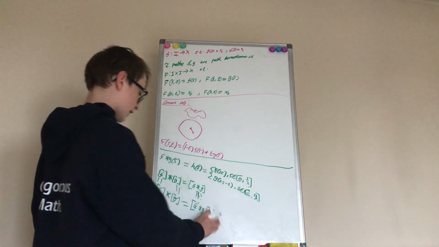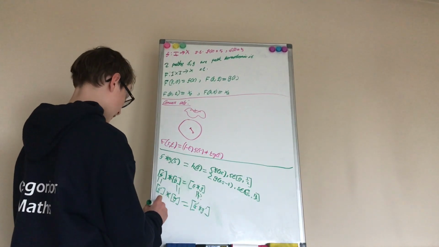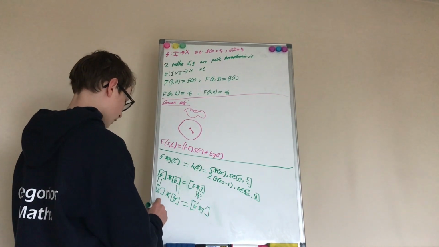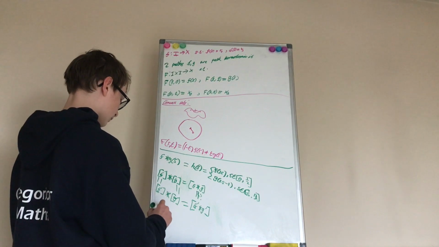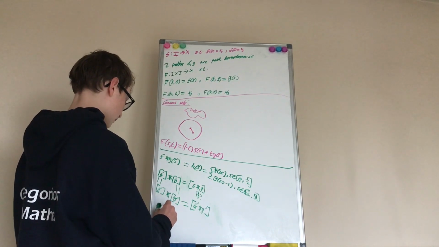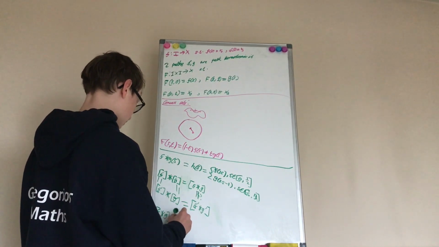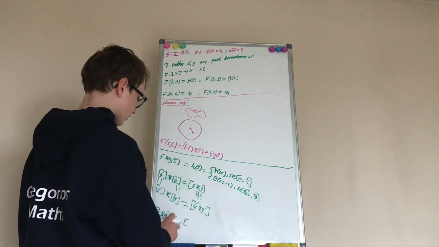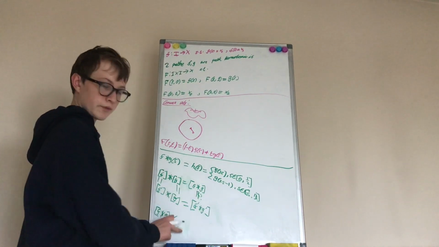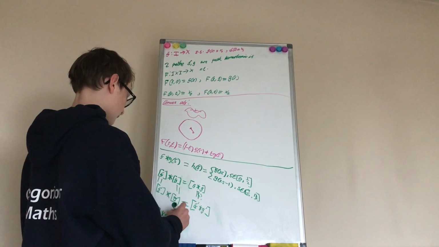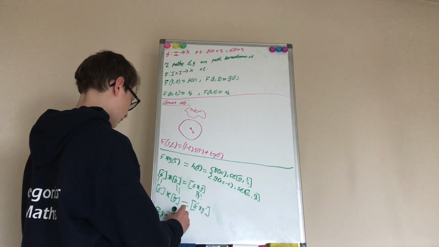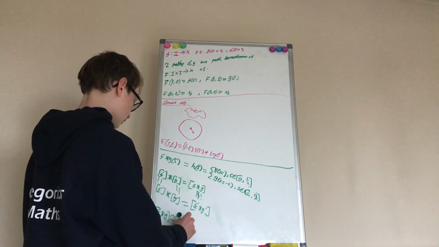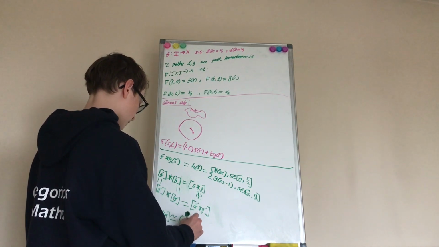If we define the equivalence class of f star g is path homotopic to the equivalence class of f prime star g prime.